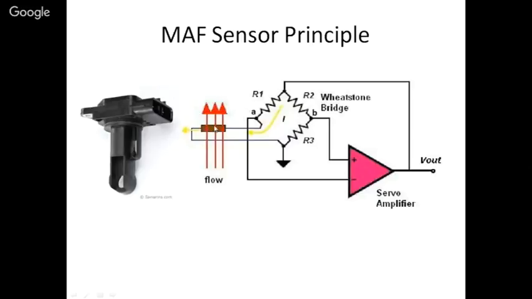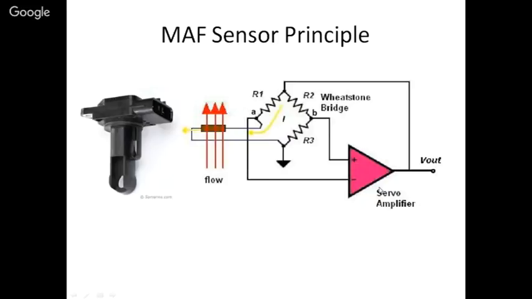So by noting down the voltage drop across A and B, then the calibration is there that what is the flow rate. And the output of the Wheatstone bridge is given to an amplifier.